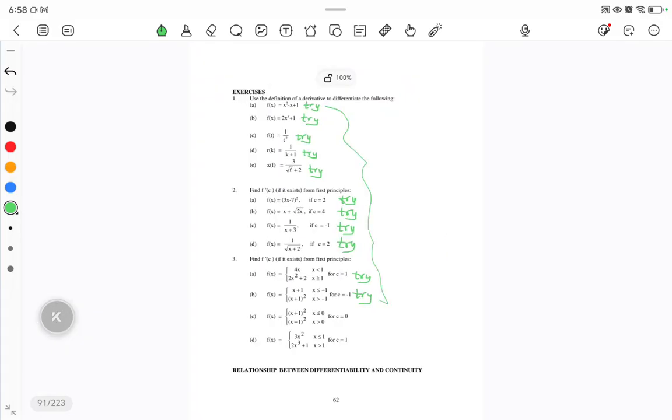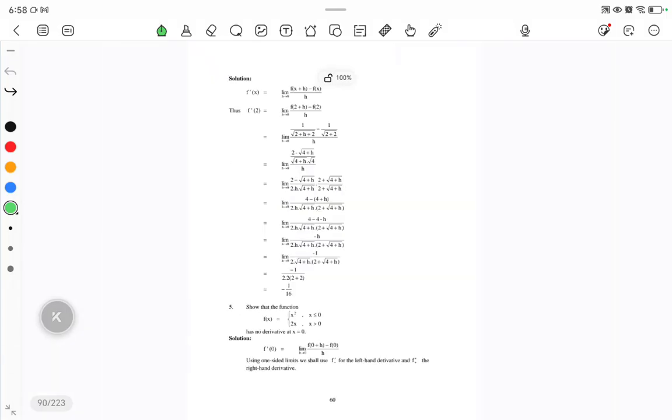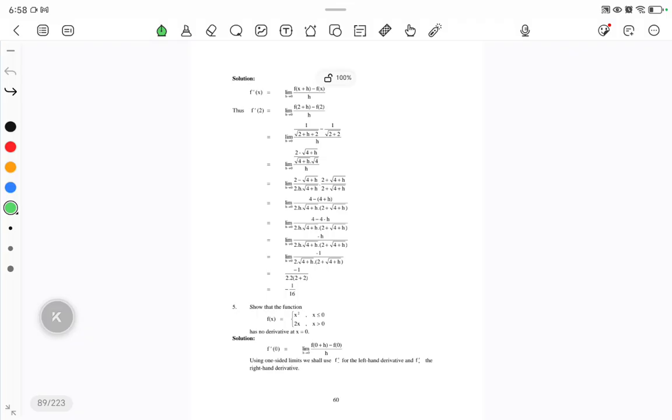So I just want you to try them before the session, so that you can mark yourself when you're doing them. So we come to number 5, right? They say show that the function f of x is equal to this has no derivative at x equals 0, right?